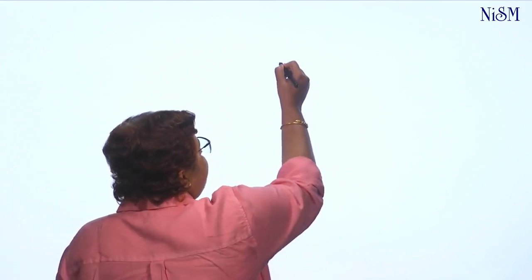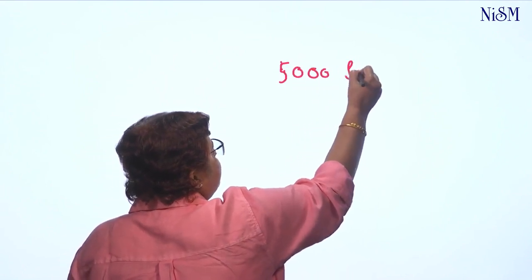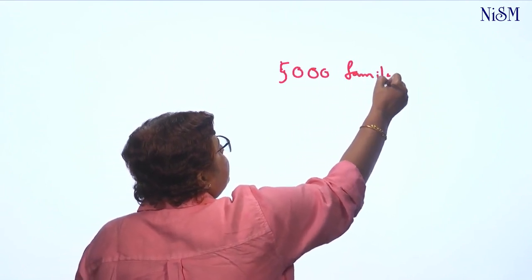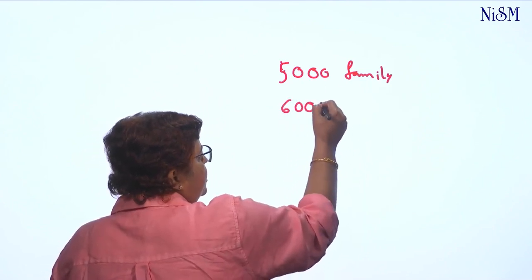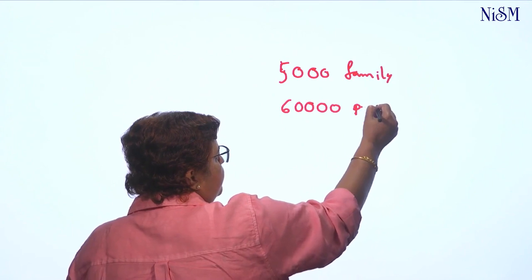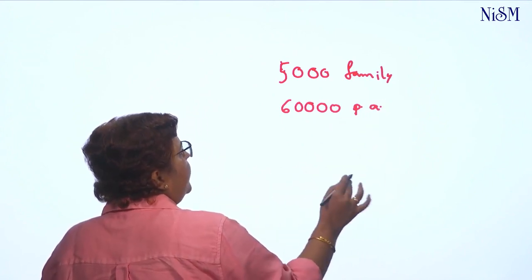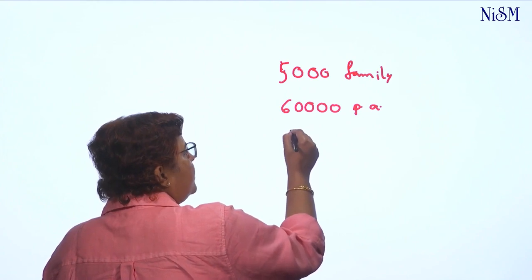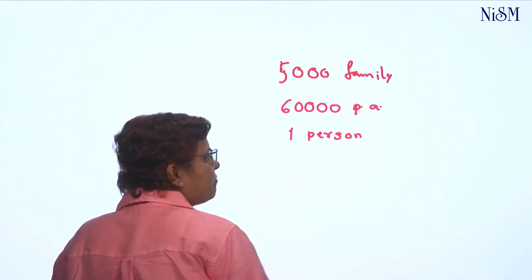Let us assume a case when there was a village and the village has 5,000 families. On an average, every family breadwinner is earning 60,000 rupees per annum. It happens that once in a year, at least one person dies while he is on ship.